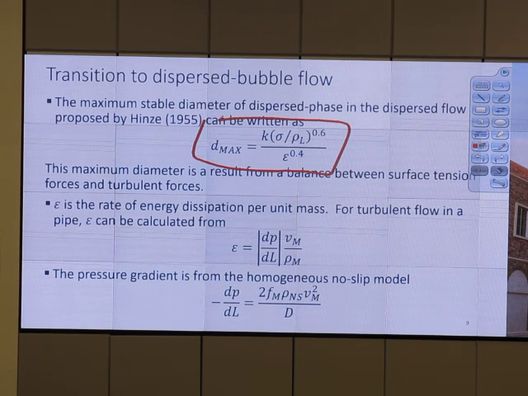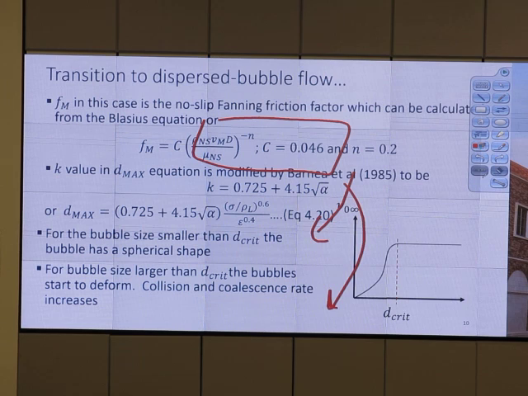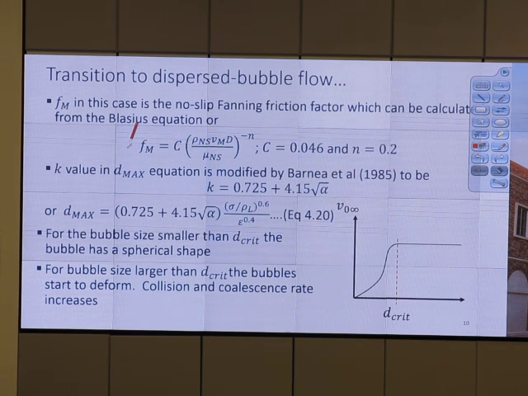And calculation of D max is this equation. Okay. So friction factor can be estimated from this, C equal to 0.046, n equal to 0.2. The K value in the D max equation was modified by Brodkey in 1985 to be K equal to some constant plus another constant and square root alpha.